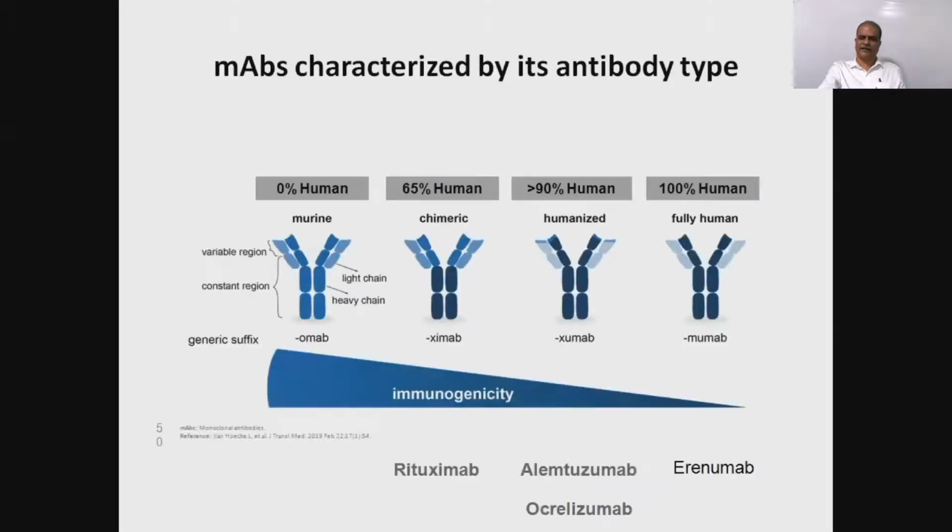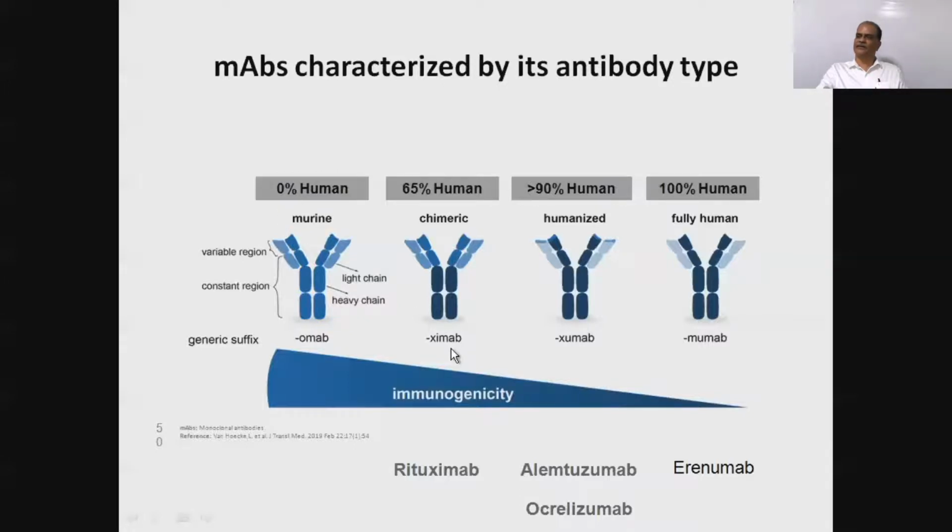And the safety is because it is a mAb. It is fully human, so the immunogenicity is much less. Whenever you see all these mAbs, this is what you should know. When you have something called omab, that means it is not human, it's all murine.